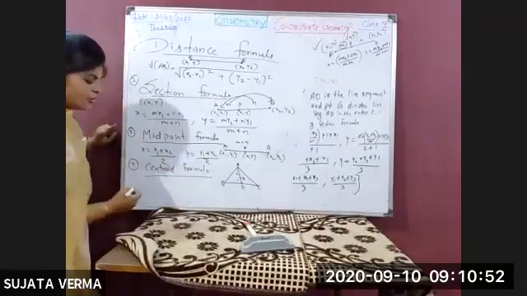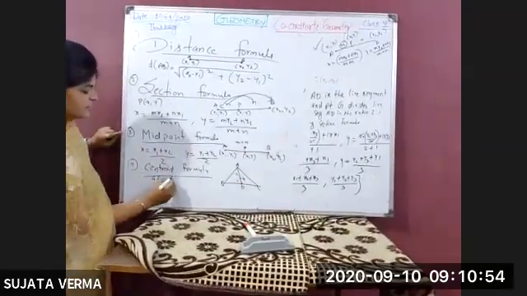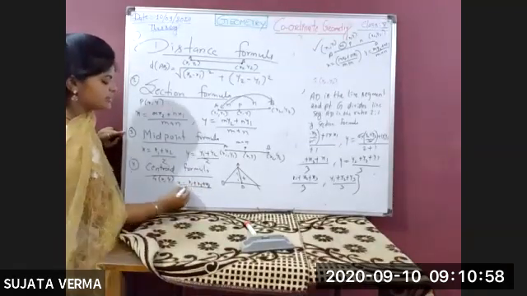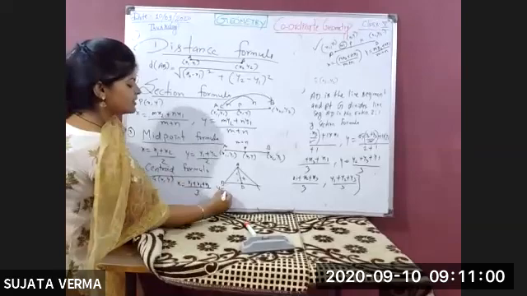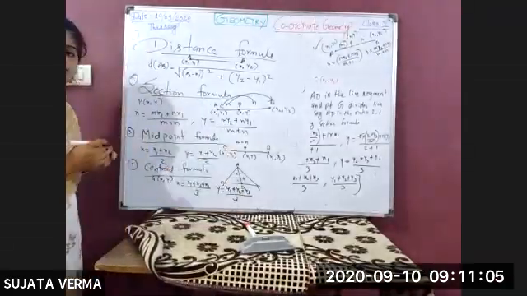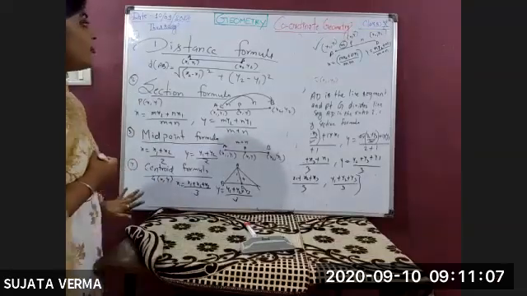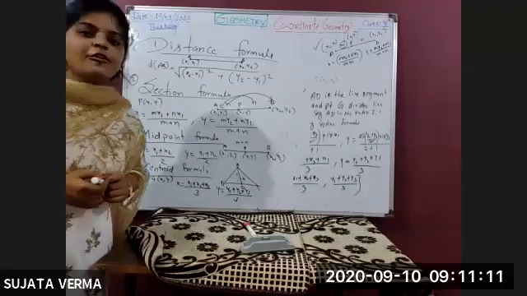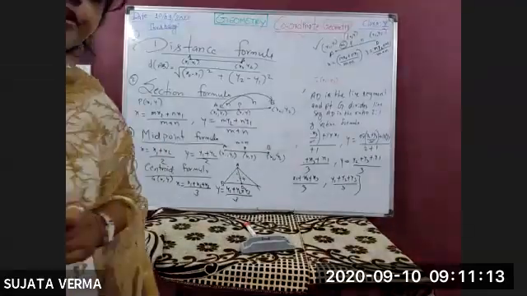Then we get the coordinates of G: x is equal to x1 plus x2 plus x3 divided by 3, and y is equal to y1 plus y2 plus y3 divided by 3. So these are the four formulas. Take the screenshot, then we solve practice set 5.2.